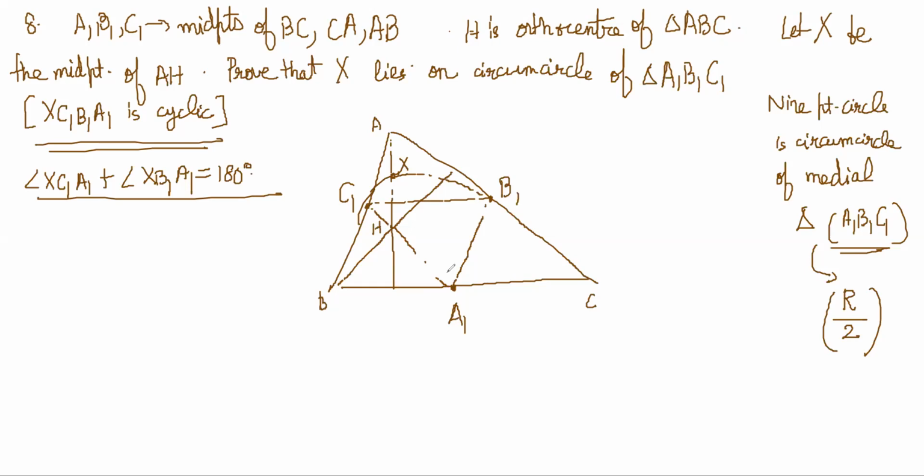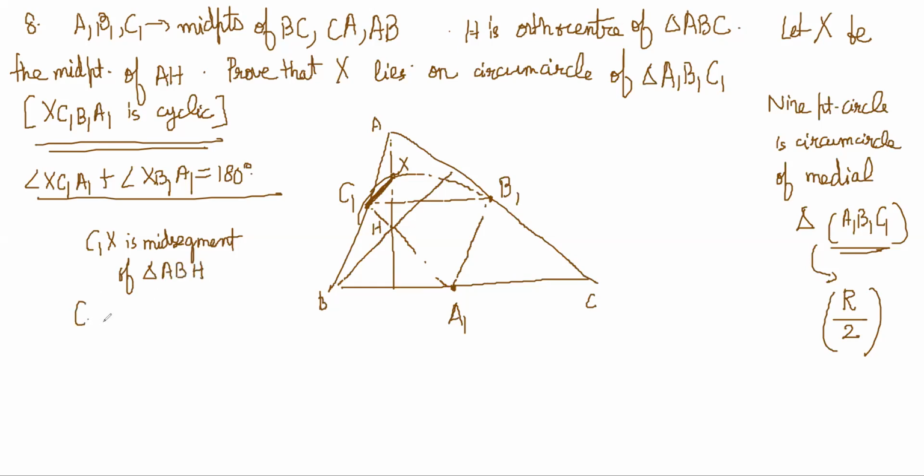So in triangle ABH, C1X is joining two midpoints, so C1X is the midline of triangle ABH, right?